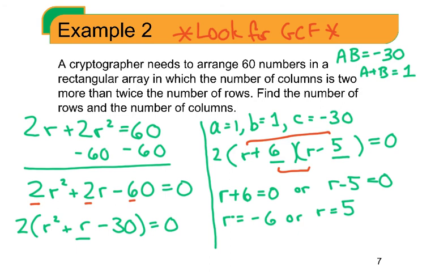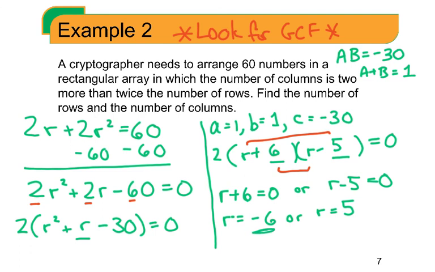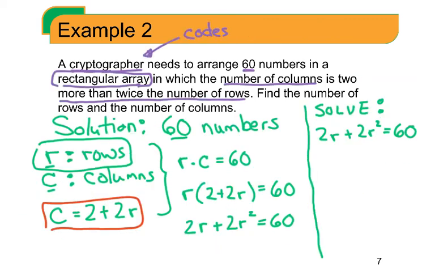Now, what the heck were we doing? You have to think back. What was R? R is the number of rows. So do we have negative 6 rows or do we have 5 rows? We can't have negative 6 rows. We have 5 rows. And how many columns?